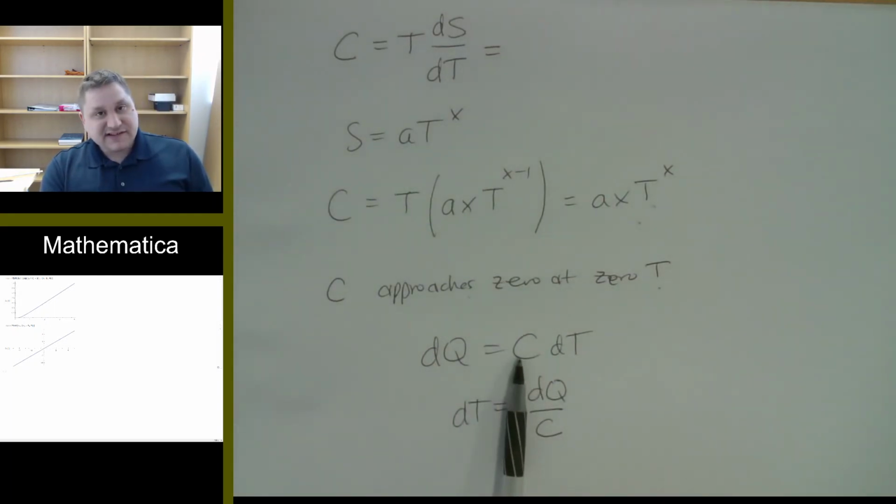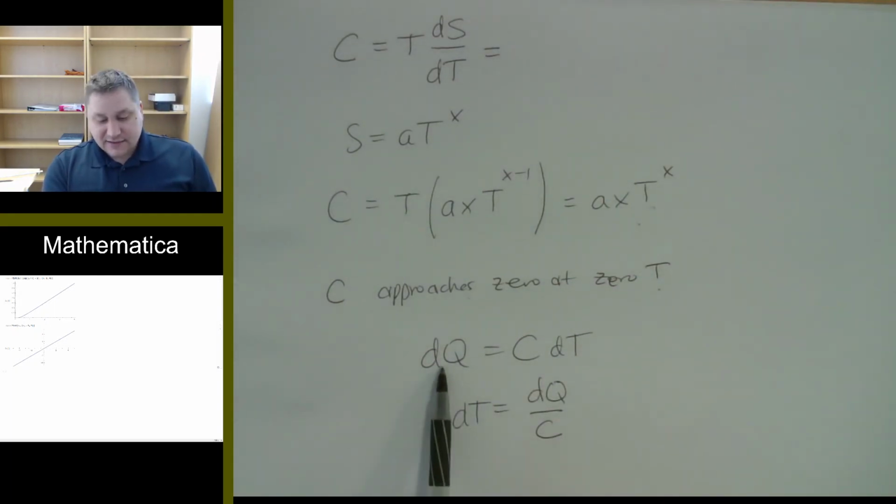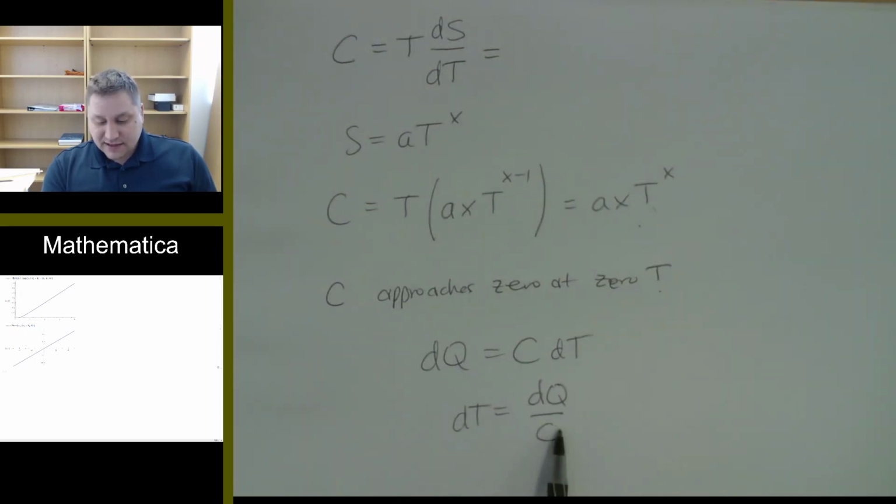And what that means is when I have a very small heat capacity, very small amounts of heat can produce really big changes in temperature. At a very low temperature, where the heat capacity has become extremely small, any tiny amount of heat added to that system is going to increase the temperature by a large amount.